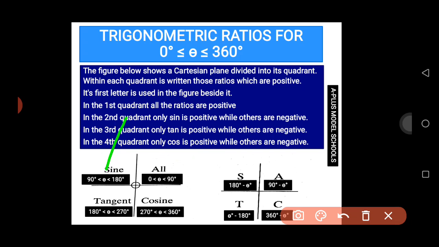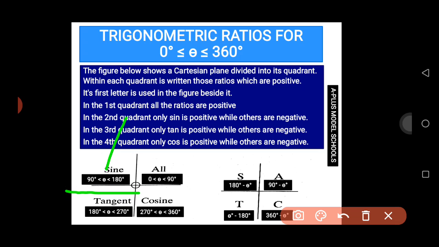So in the second quadrant, only sine is positive, and the rest of the trig ratios are negative. Then in the third quadrant, only tangent of the angle is positive, while sine and cosine are negative. The numbers are those where theta is greater than 180 but less than 270 degrees, that is between 181 and 269.